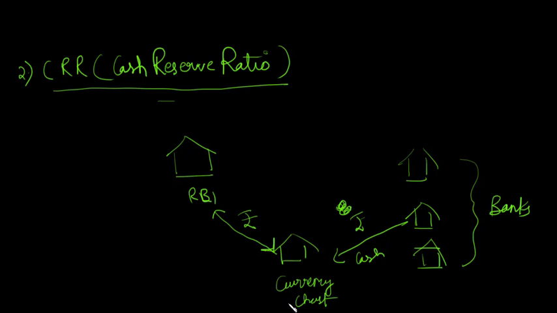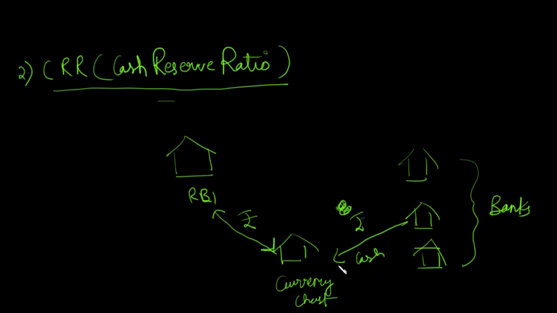Now the question is, on a daily basis, how will RBI keep the CRR amount with itself? For that purpose RBI has assigned a currency chest in every district, in every city with regard to one particular bank.